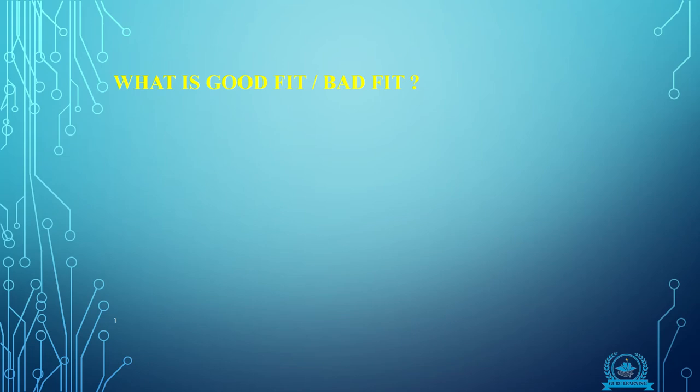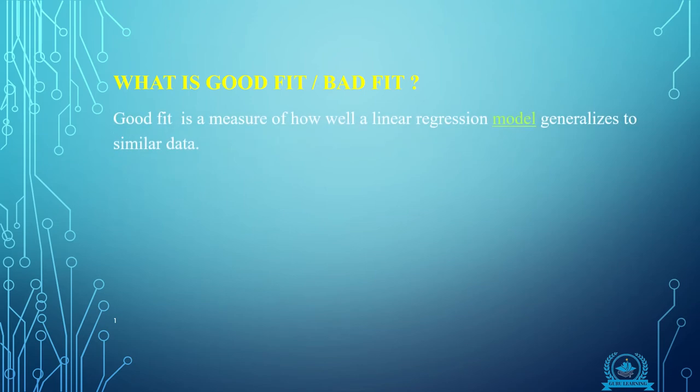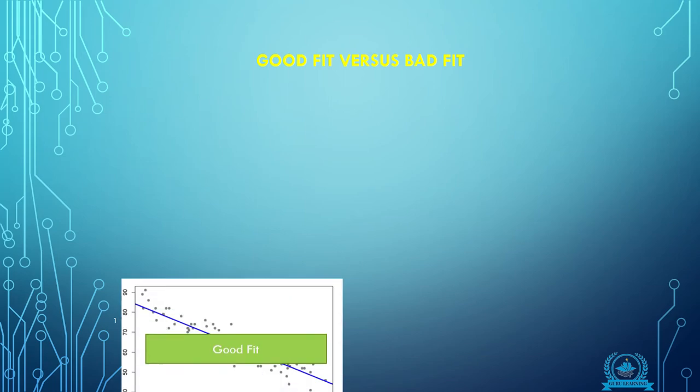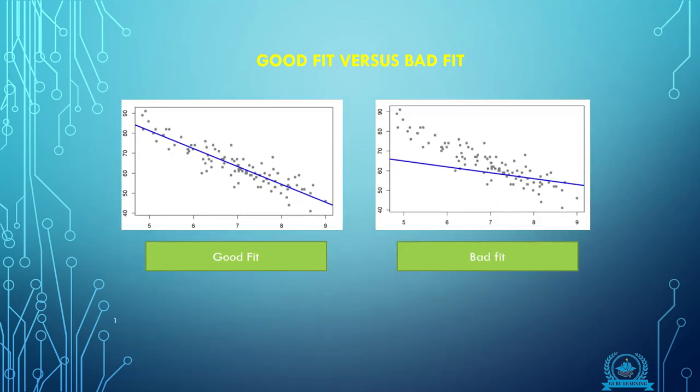Alright, so what is a good fit or a bad fit? A good fit is a measure of how well a linear regression model generalizes to similar data. A good fit model produces more accurate outcomes. A good fit is a problem of fitting a straight line in the best way so that it passes through most of the data points.